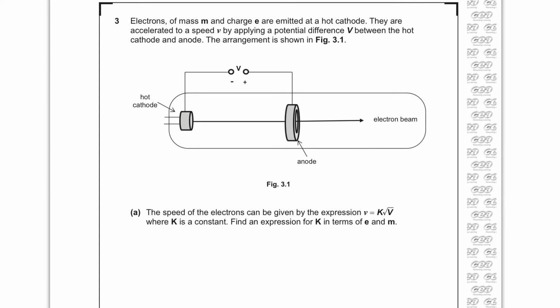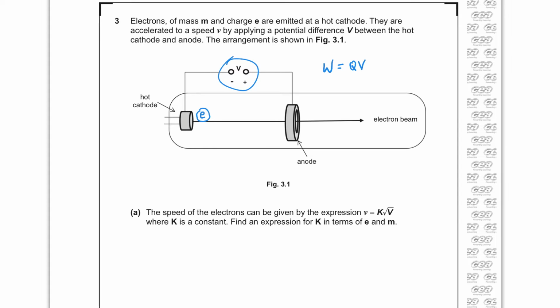So what you've got here is an electron being released here, and then this voltage acts on it, and so you've got work done there. If you think about the electrical properties, you've got work done which is equal to the charge times the voltage it's crossing.